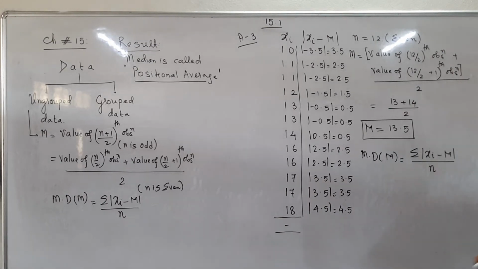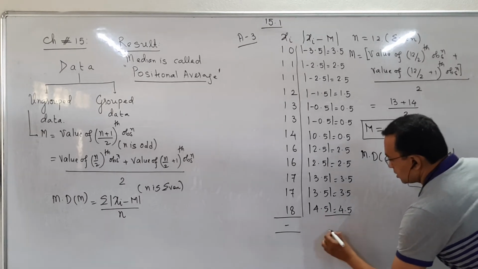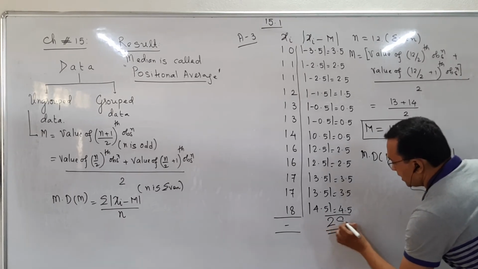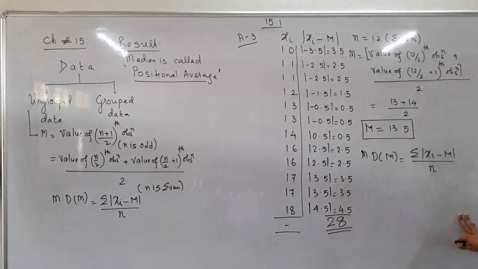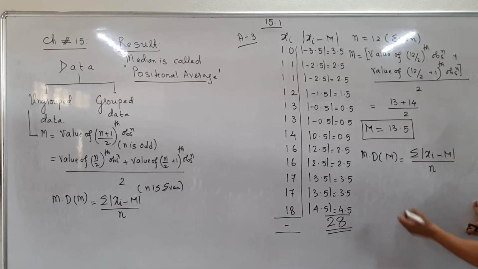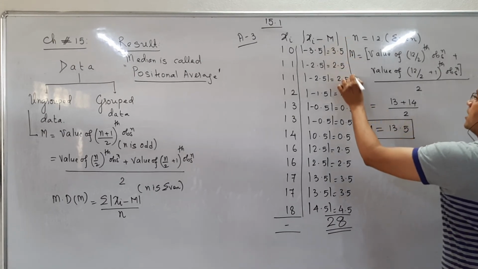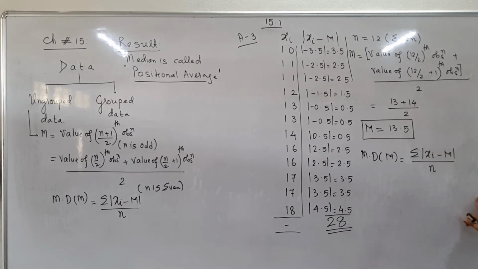And if I calculate this total, it comes out to be 28. That much all of you can easily do, also with the help of a calculator, I am going to say. Now the answer is 28 divided by 12. So if I simplify, the answer is 2.33.